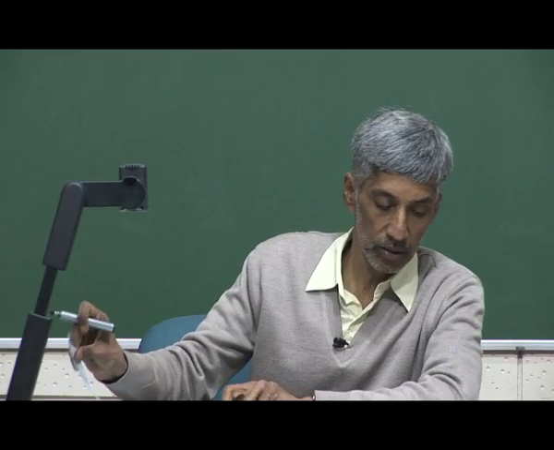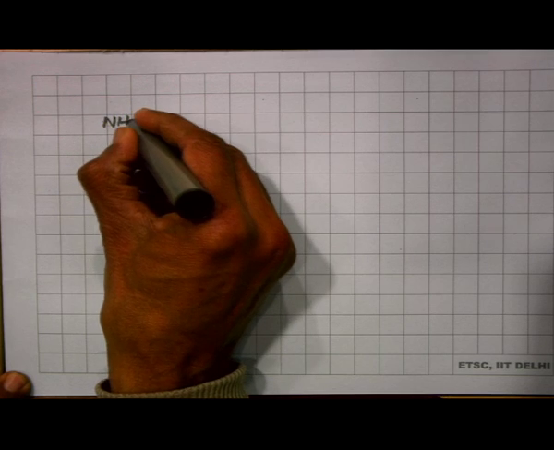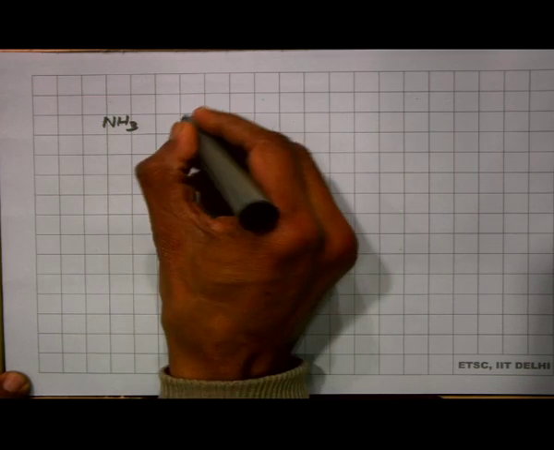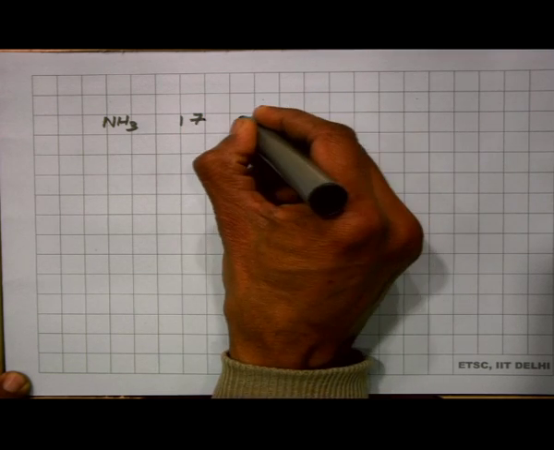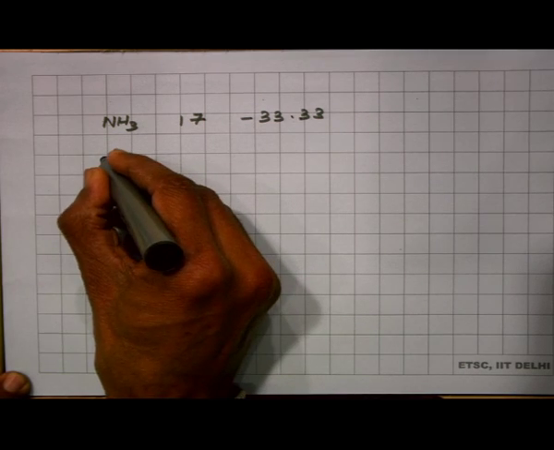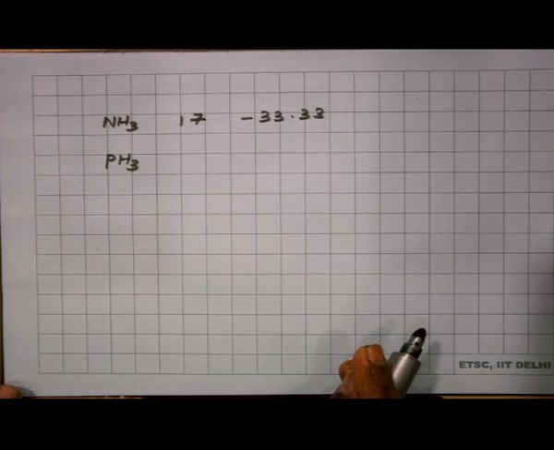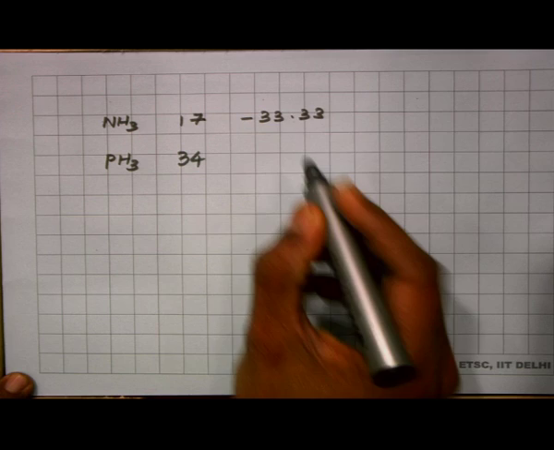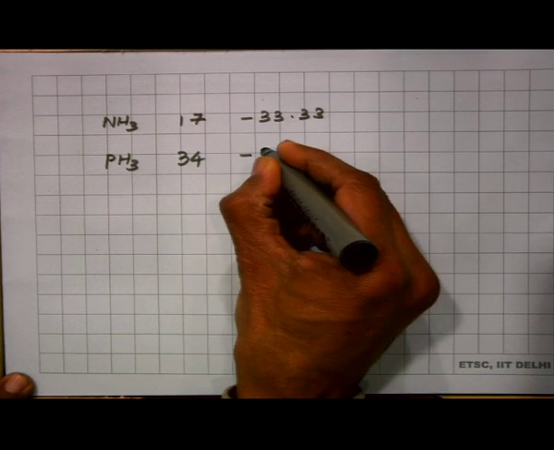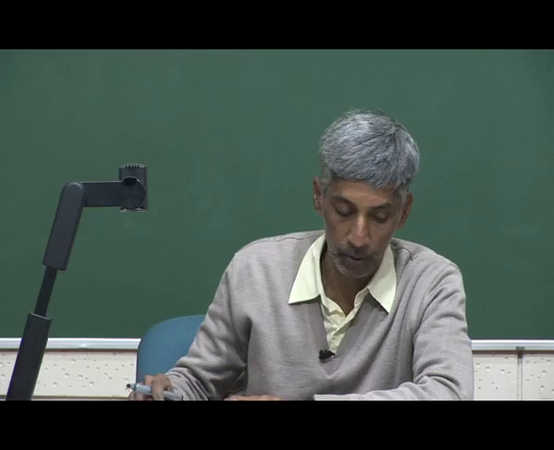Now, for comparison, let us look at, in the next period, ammonia with a molecular mass of 17 and minus 33.33. PH3, if the prediction with regard to this boiling point that we learned from the methane series was right, we would expect that this would be smaller than this, has a boiling point of minus 87.75, which means that it has gone down.